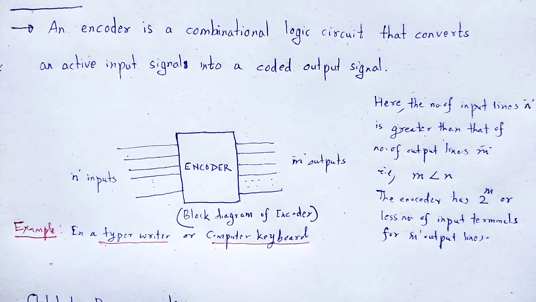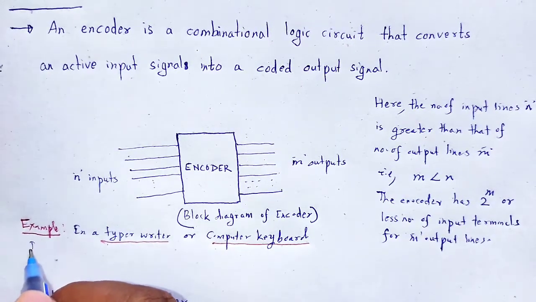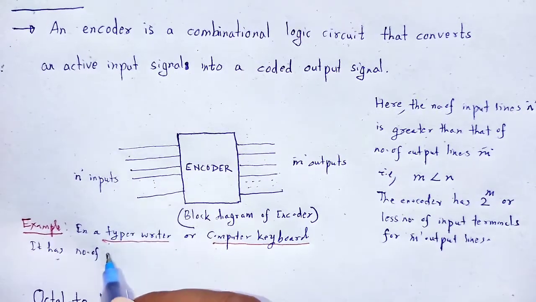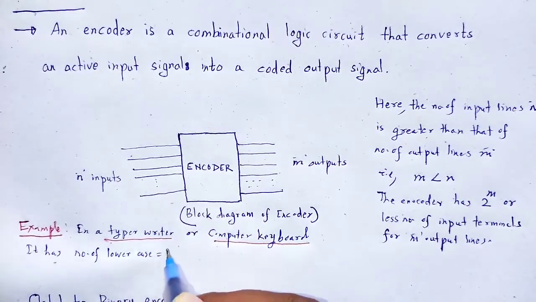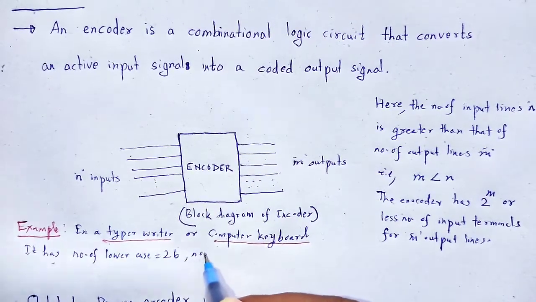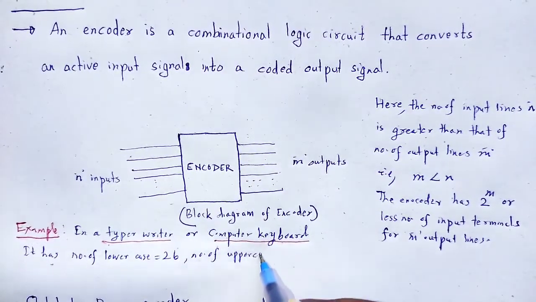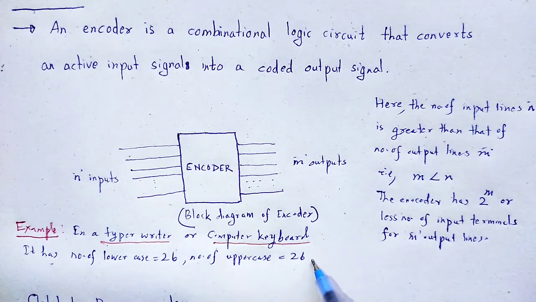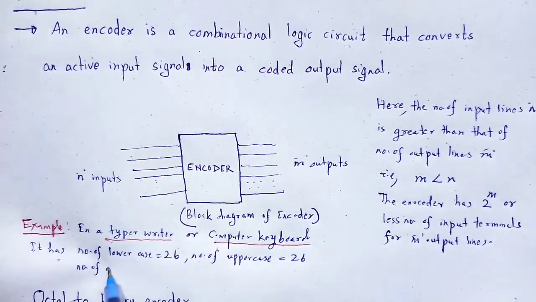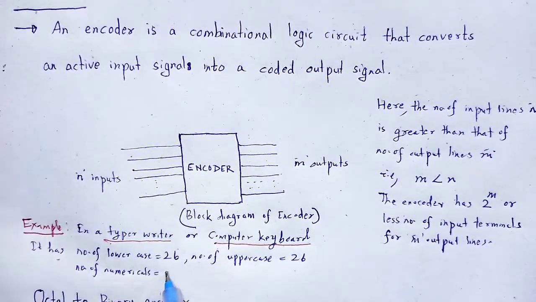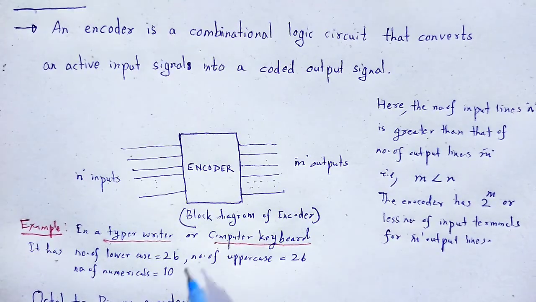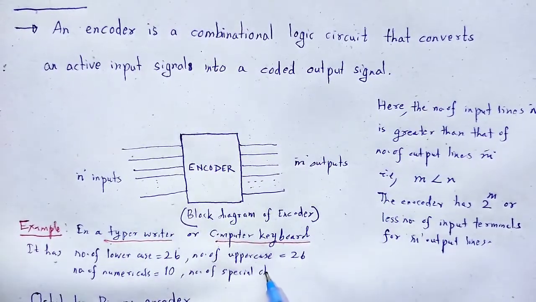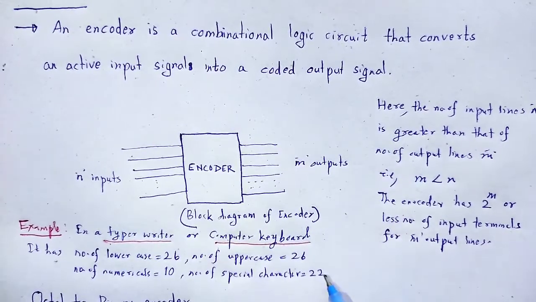Number of lowercase is equal to 26, number of uppercase is equal to 26, number of numericals is equal to 10, 0 to 9, and number of special characters is equal to 22.